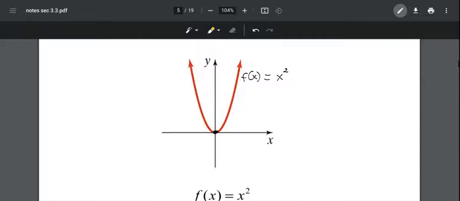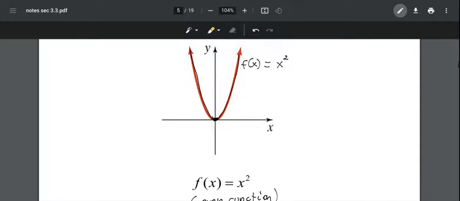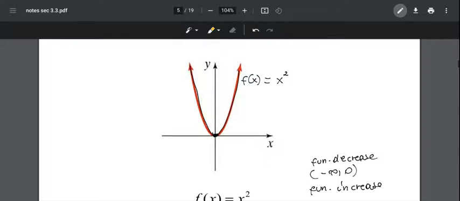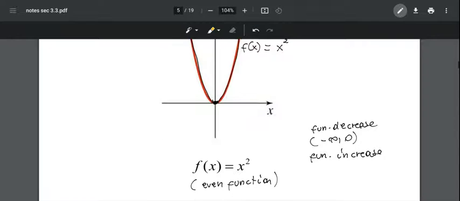The quadratic function is a decreasing function and an increasing function. The function decreases for x values in the interval from negative infinity to 0, and the function increases for the x values from 0 to positive infinity.